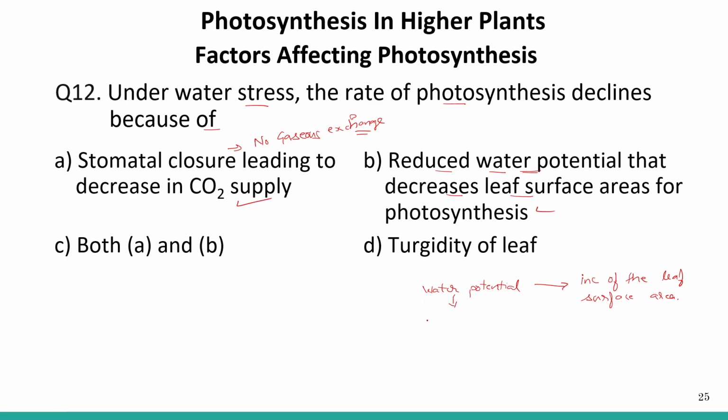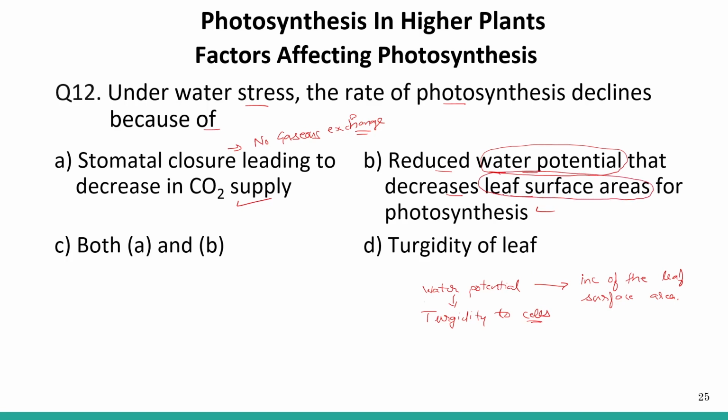Because it gives turgidity to cells. Alright. So this is a fact that whenever there is reduced water potential, the leaf area will decrease. Okay, leaf area will decrease.